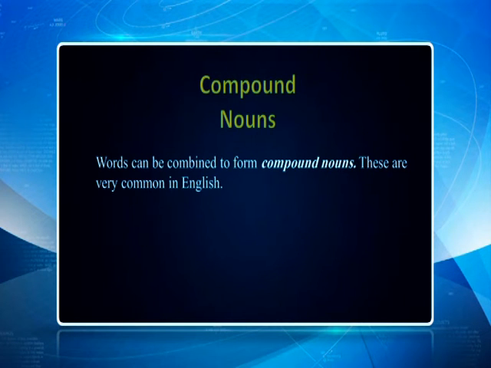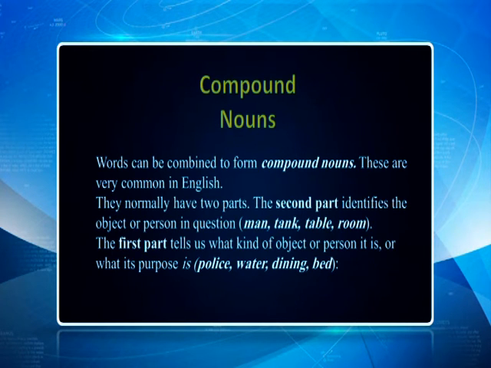These are very common in English. In English, we use a lot of these compound nouns, and they normally have two parts. The second part identifies the object or person in question. Man, for example, tongue, table, room.